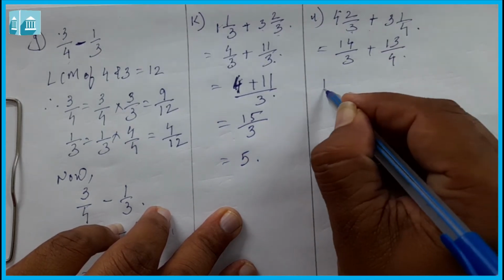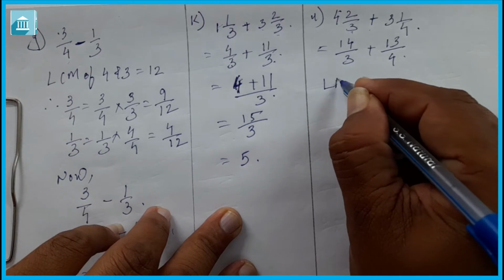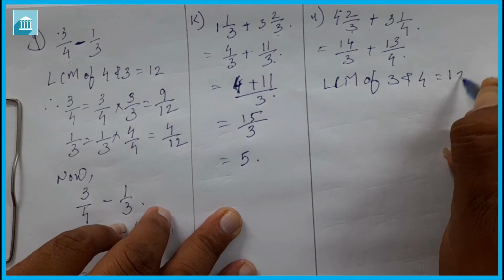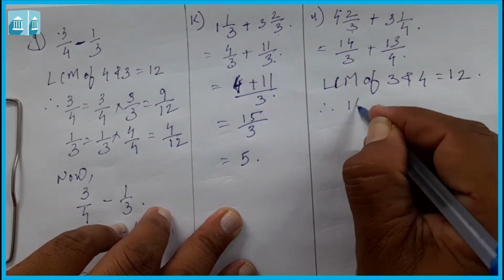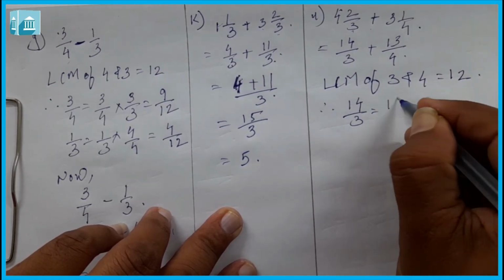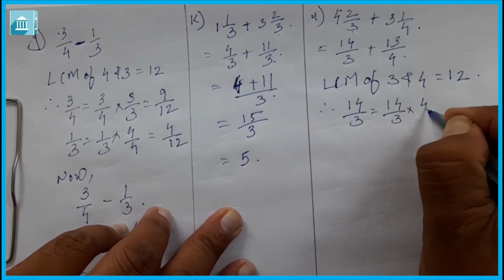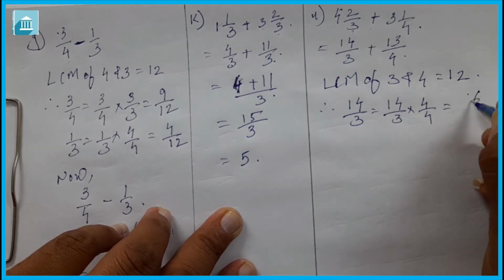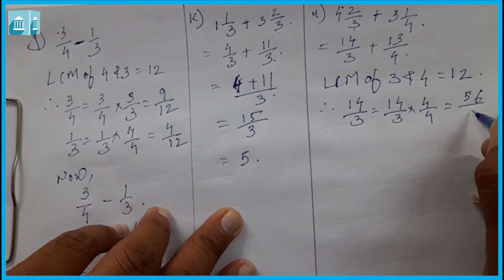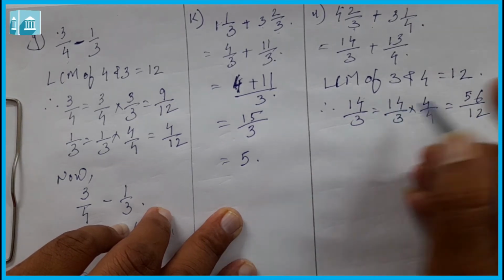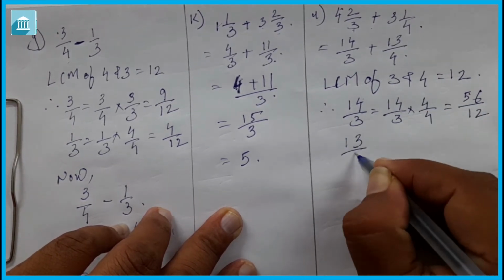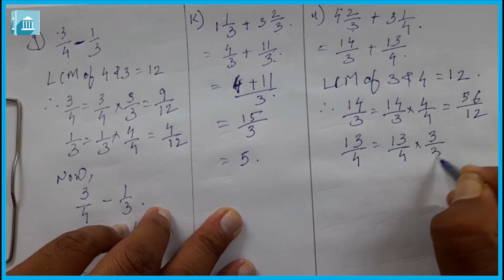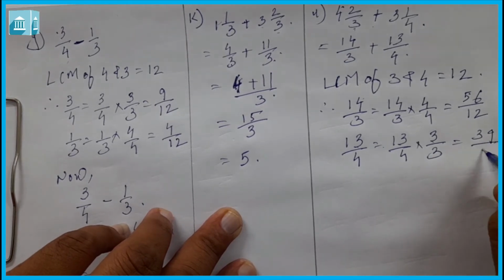Now the LCM of 3 and 4 is equal to 12. Therefore 14 by 3 is equal to 14 by 3 into 4 upon 4, which is 14 fours are 56 upon 12, and then 13 by 4 is equal to 13 by 4 into 3 upon 3, 13 threes are 39 by 12.